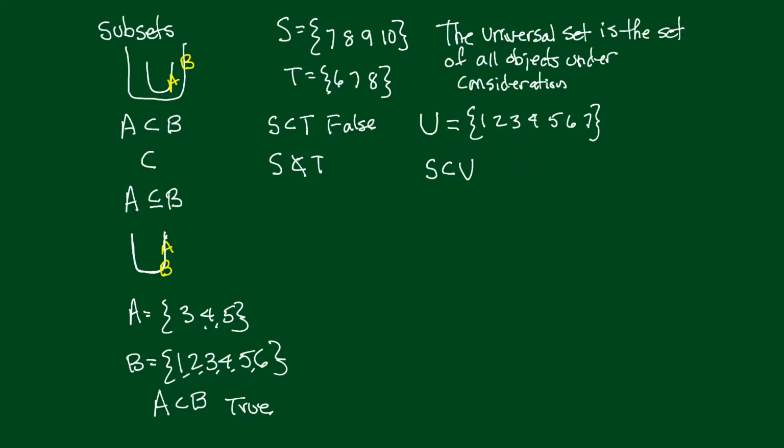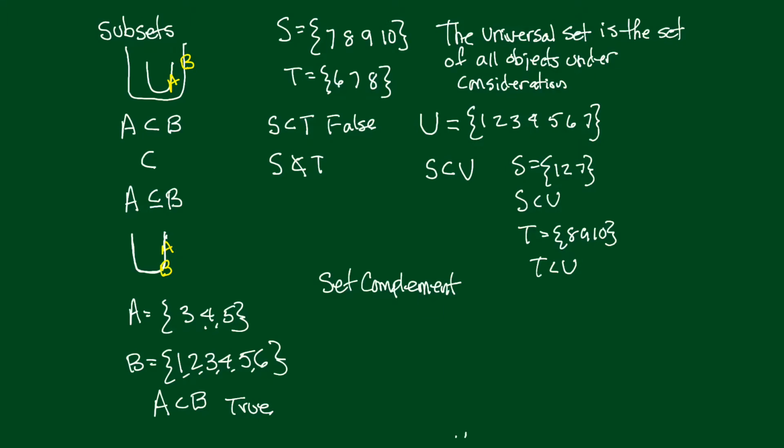So if I write some set S, how about 1, 2, 7? Okay, sure enough, S is a subset of U. I would not even consider writing this set here, T equals, say, 8, 9, 10, because T is not a subset of U, and it has nothing to do with what I'm talking about. So I wouldn't even write that.